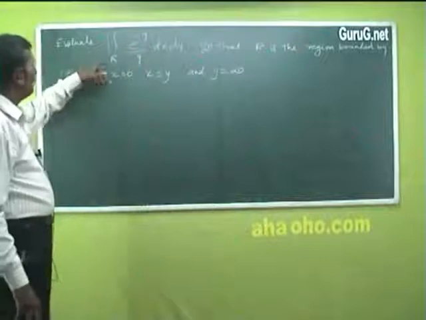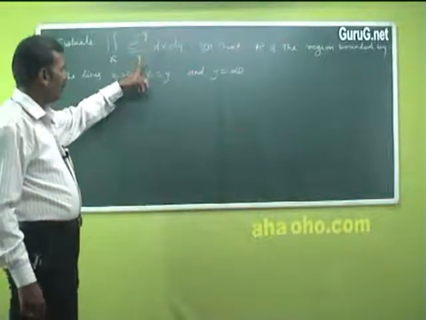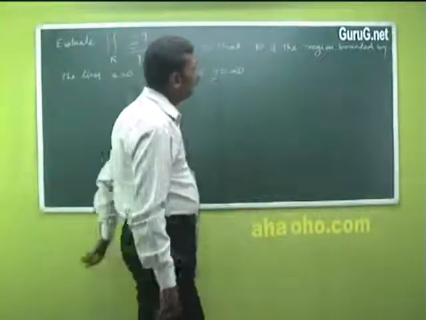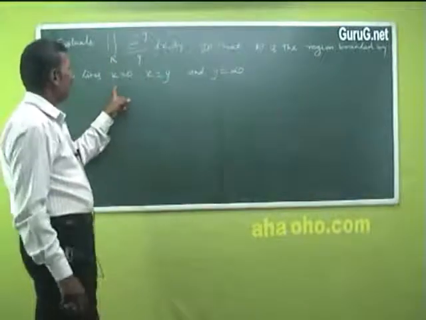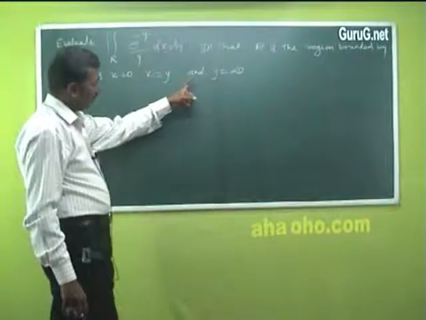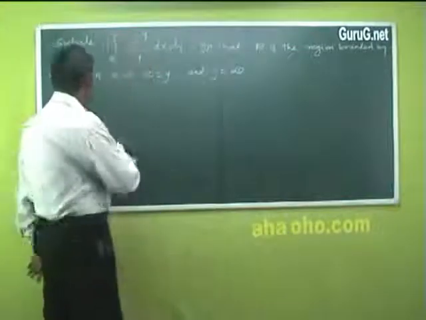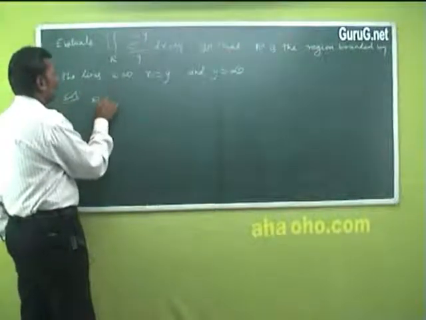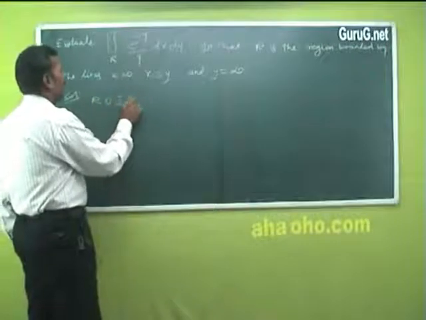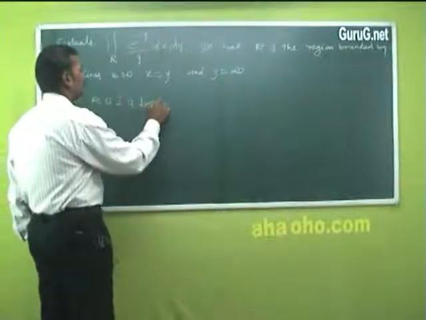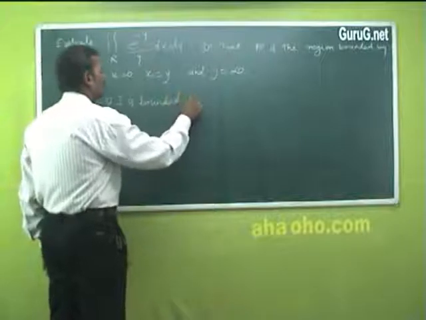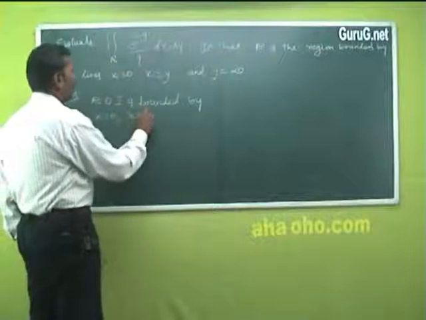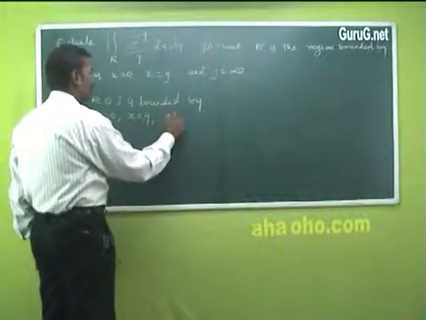So evaluate double integral over R, e power minus y by y, dx dy. So given that R is the region bounded by the lines x equal to 0, x equal to y and y equal to infinity. First you draw the region of integration, right? So region of integration is bounded by the lines x equal to 0, x equal to y and y equal to infinity.